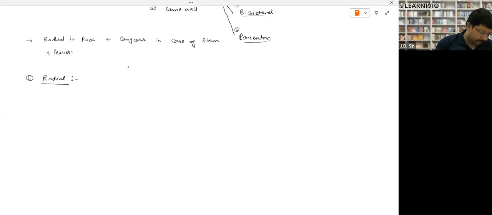Here xylem and phloem are found in the form of separate bundles.